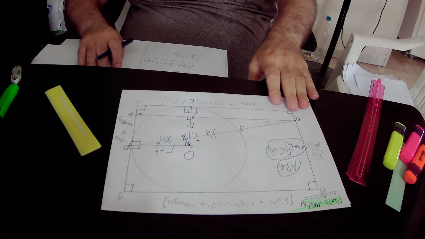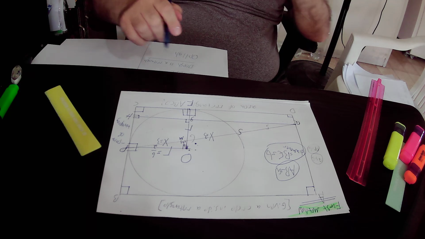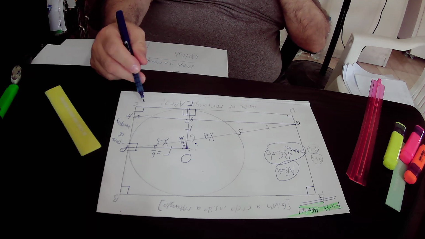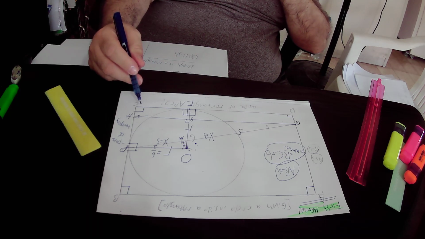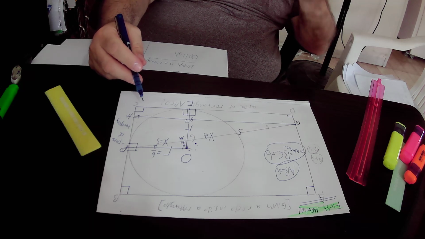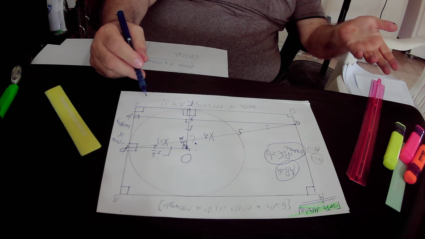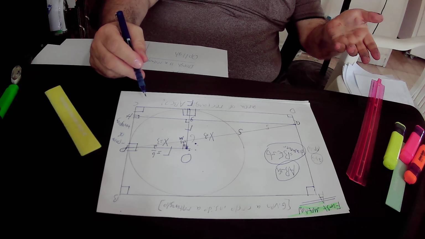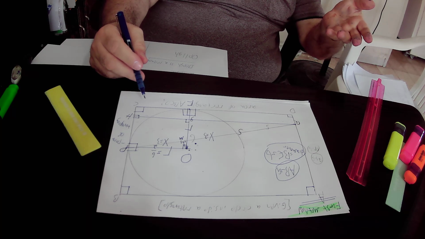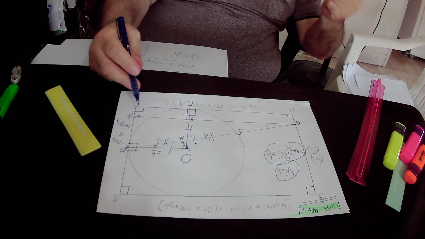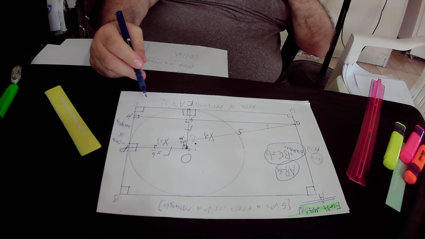And we know that part of the straight line QH is parallel to OP. So if part of a straight line is parallel to another straight line, the straight line itself must also be parallel to the other straight line. Okay?